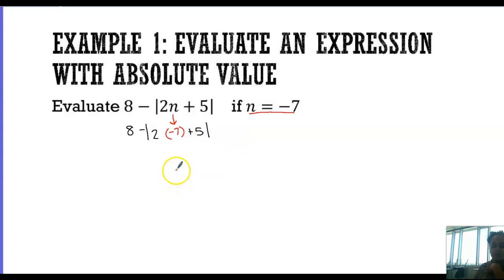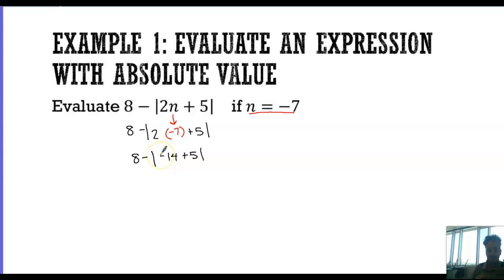So let's use our order of operations to figure out what this would be. We're going to do multiplication first, and it's inside the brackets, which we would consider as my parentheses. So 2 times -7 is -14. So 8 minus the absolute value of -14 plus 5.